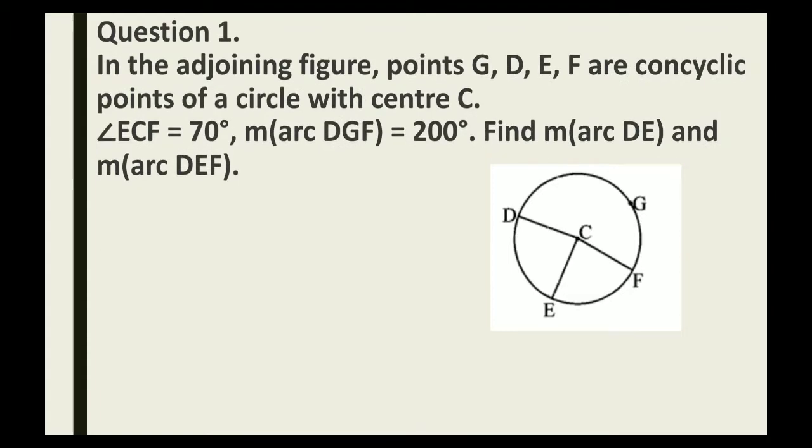Question number 1. In the adjoining figure, points G, D, E, F are concyclic points of the circle with center C. Angle ECF is 70 degrees.